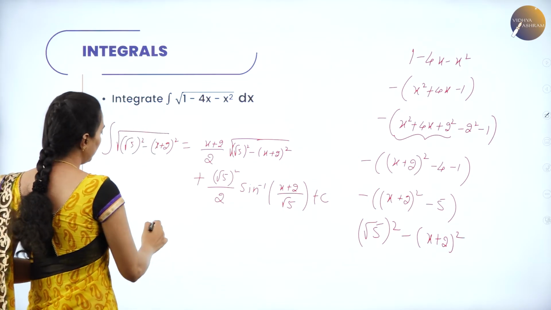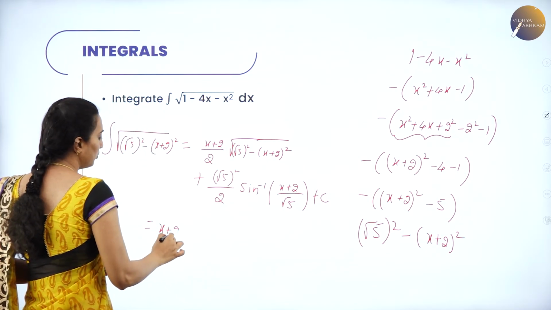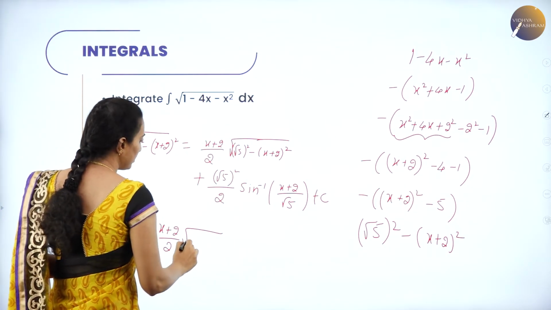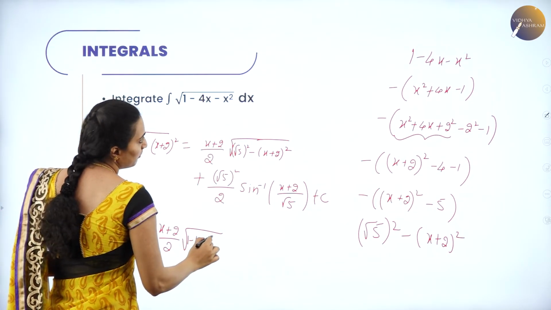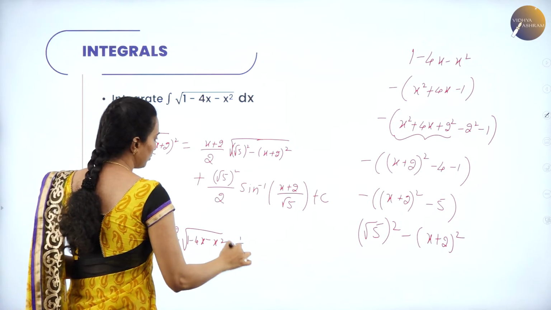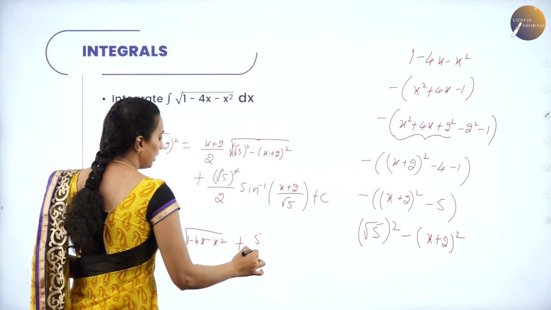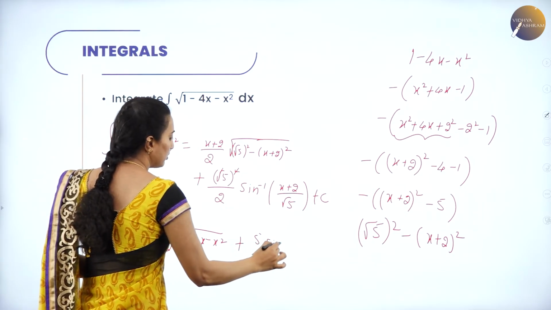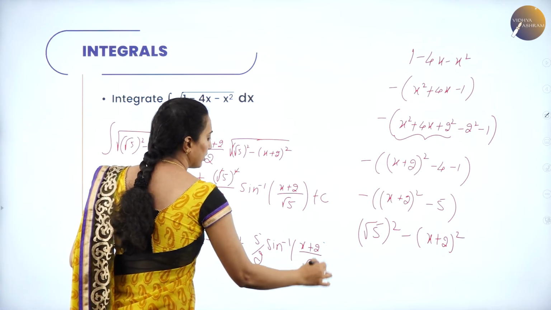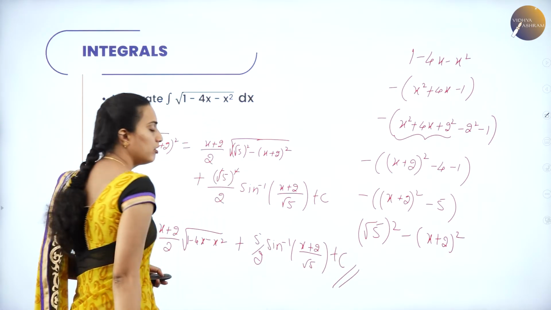And the final step will be equal to (x plus 2) divided by 2. Simplify this, you are going back to the same step, which is 1 minus 4x minus x squared, into, here you are getting plus, the root will get cancelled, 5 by 2 into sine inverse of (x plus 2) divided by root 5, plus c. And this is your final answer.